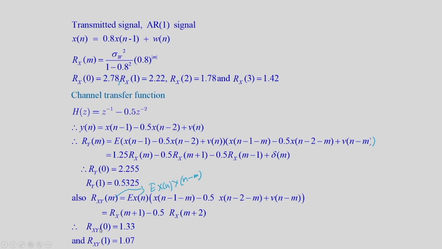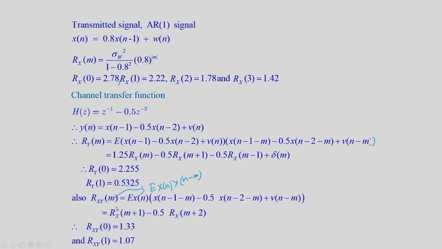It means that Rxy of 0 is equal to 1.33, Rxy of 1 is equal to 1.07. We have here Ry of 0 is equal to 2.255, Ry of 1 is equal to 0.5325. So we have the autocorrelation and cross correlation values.